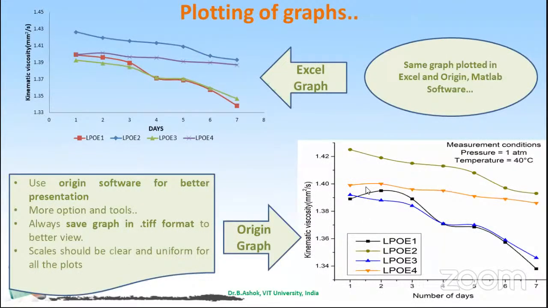For example, if you compare LPO E1 and E2, the green and orange, the green shows better kinematic viscosity. This can be explained by a 4th standard or 5th standard student. But why is this higher than this? What is the scientific reason behind it?